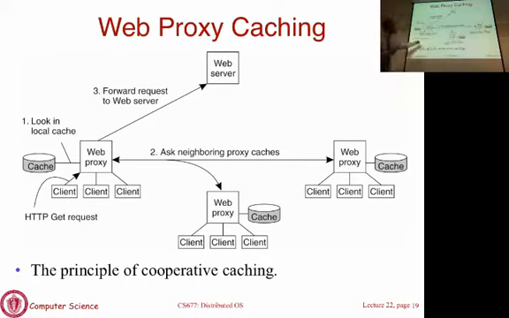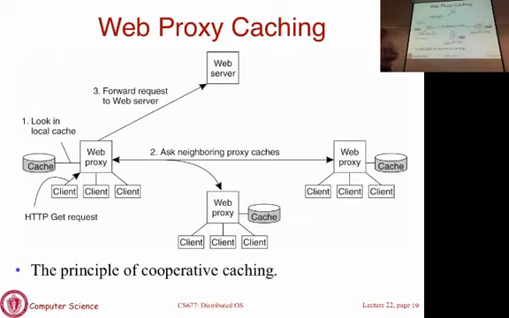Here is what cooperative caching does. In the last lecture, I briefly mentioned cooperative caches when I was talking about XFS. Here is how cooperative caching works in the web scenario. There's a single web server, and here are 3 proxies that have been deployed. Clients pick their nearest proxy and send the request to the proxy. Let's say here is a GET request. It came from a client and went to this web proxy.